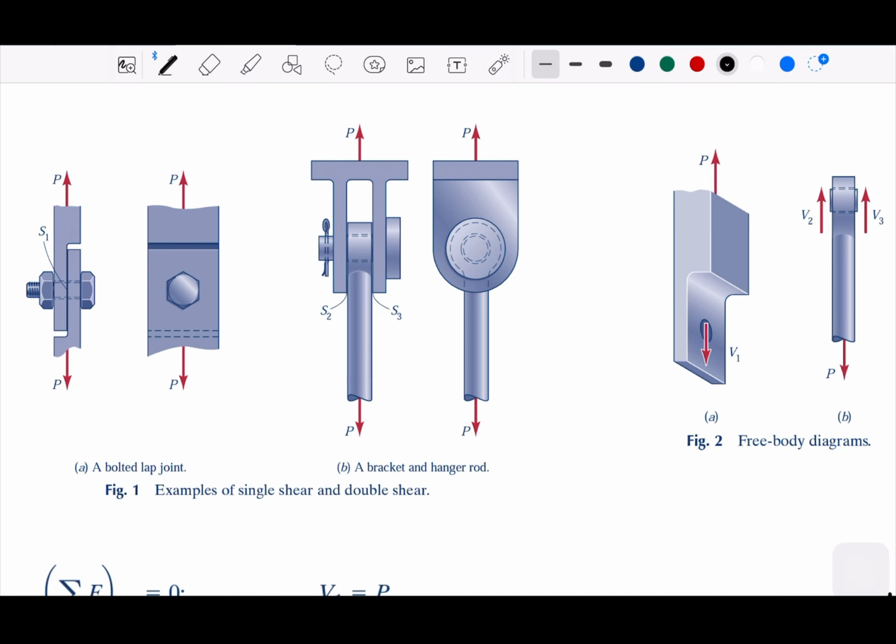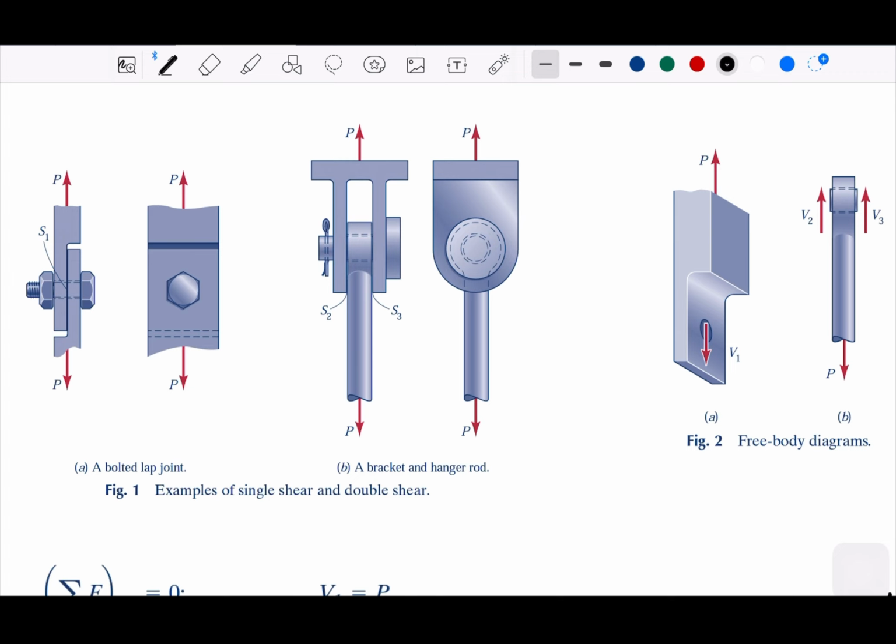Now, if we cut and see the reactions, we will have a reaction force which we call S1, shear 1. And in the second one we have two shears, here and here, S2 and S3. That's why it's single and double.